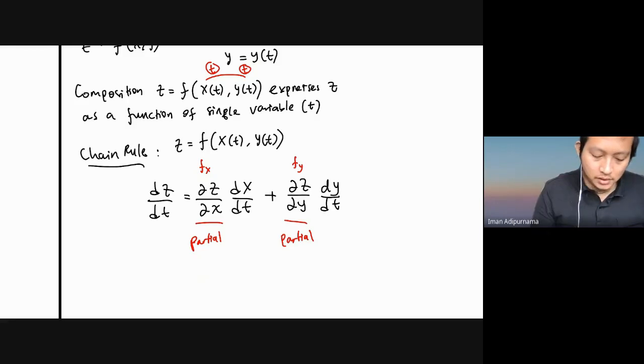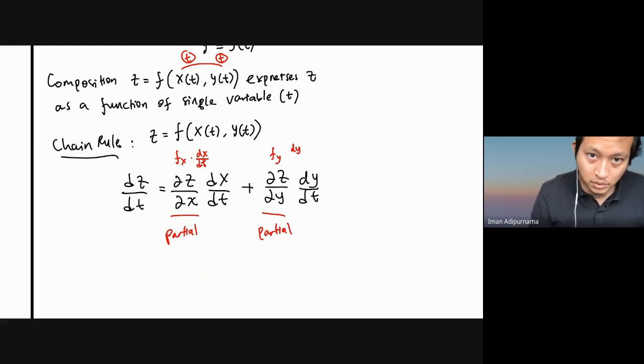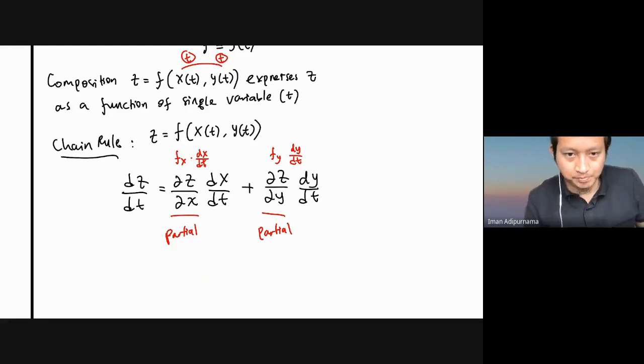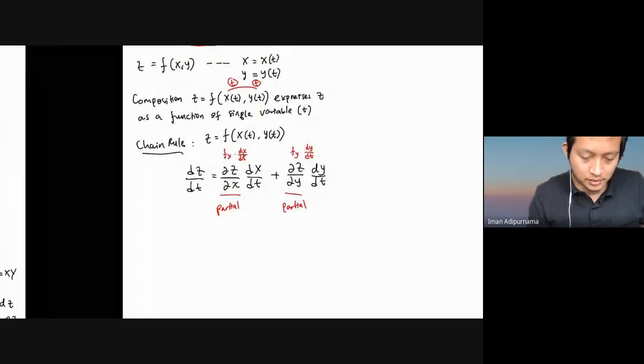But later, we need to multiply not with dx, but because x has another variable t, we need to multiply with dt. This is the same thing. We need to apply dy, like from what we have learned before. But because it's a function of t in y, we need to apply dt. Okay, is that clear for you? So this is the chain rule.